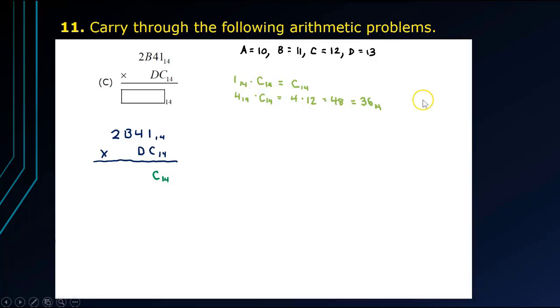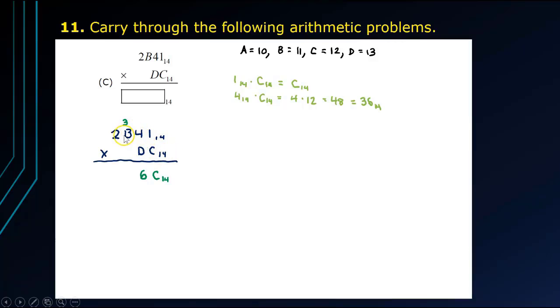So 48 is going to be 3 14s and 6 1s. Because 3 14s is 42, this is going to be 36 in base 14, which means I'm going to put a 6 down here and carry the 3.